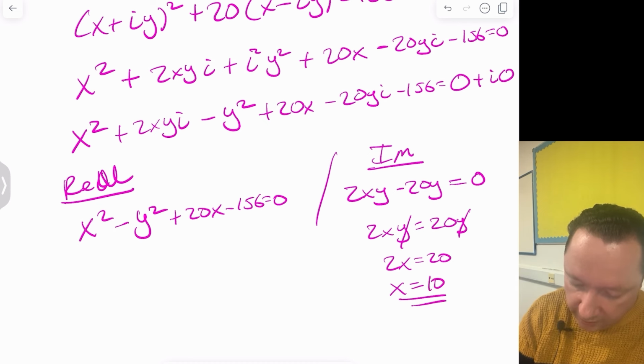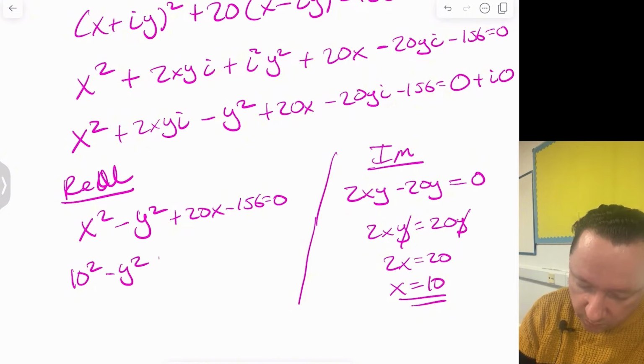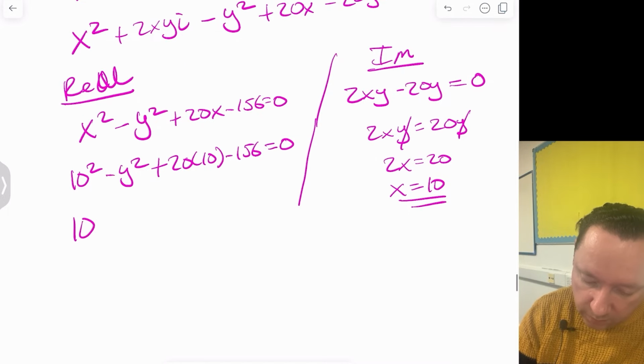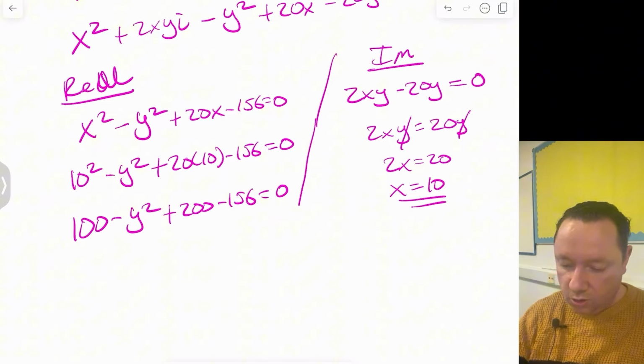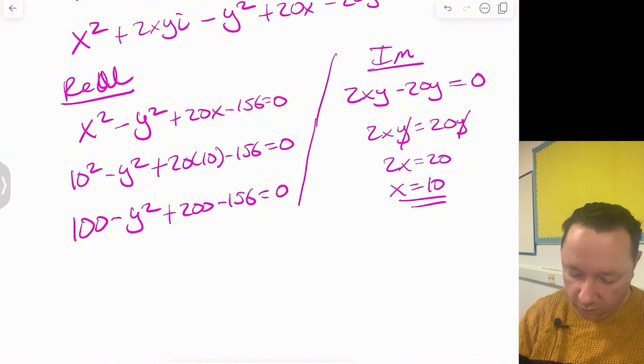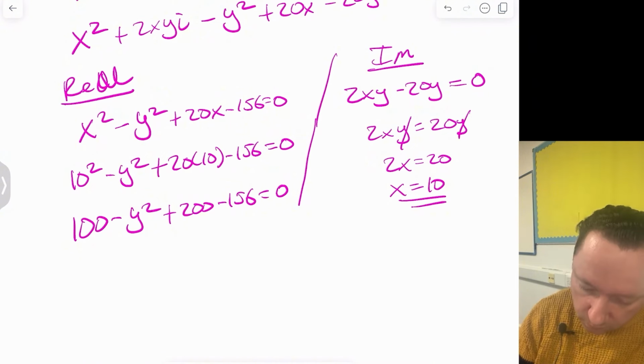We know x is now 10, so we can do 10 squared minus y squared plus 20 times 10 minus 156 equals 0. 100 minus y squared plus 200 minus 156 equals 0. So that's 300 minus 100 is 200, minus 56 is 144. So you get minus y squared plus 144 equals 0.